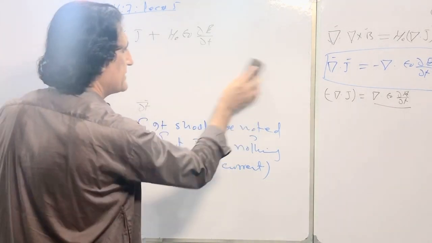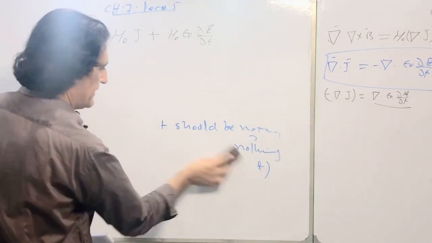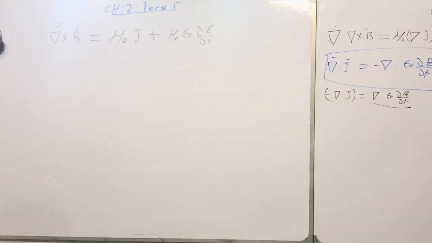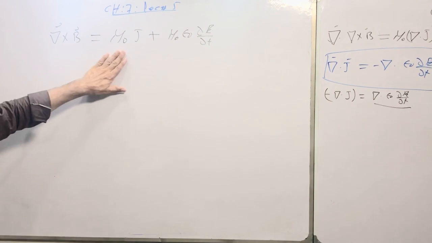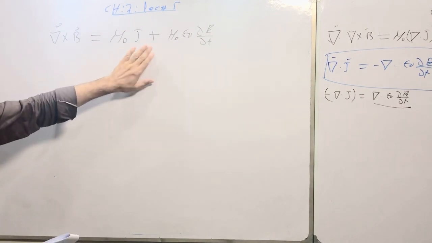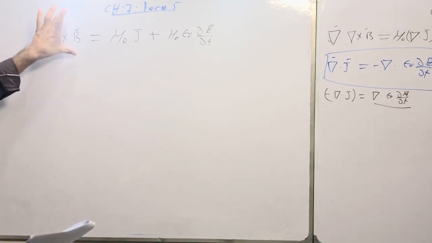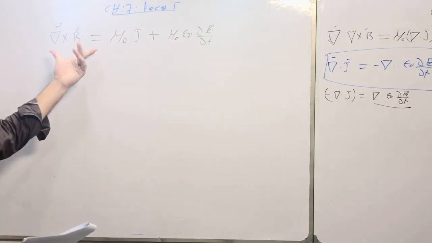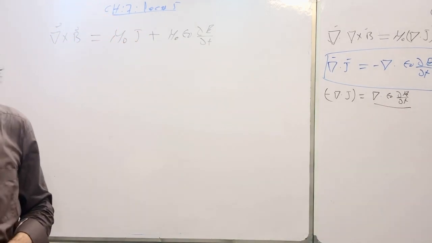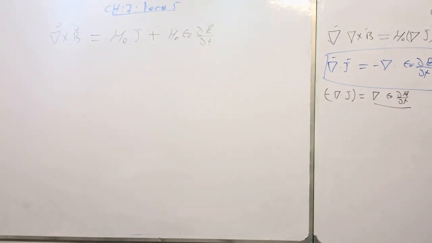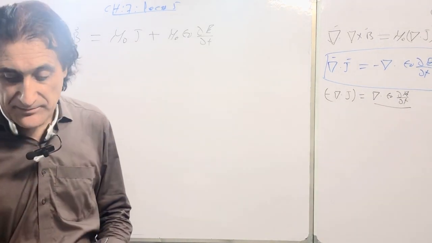Further, let's discuss more about this equation. Theoretically, Maxwell fixed this term and corrected this equation, but this was theoretical, as I have already discussed. But how can one understand that it is true experimentally?